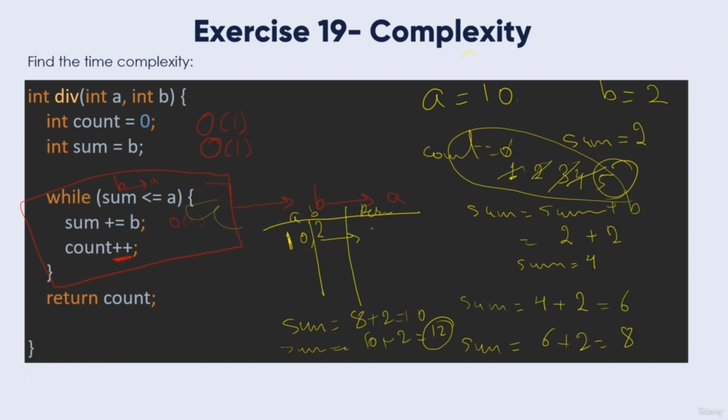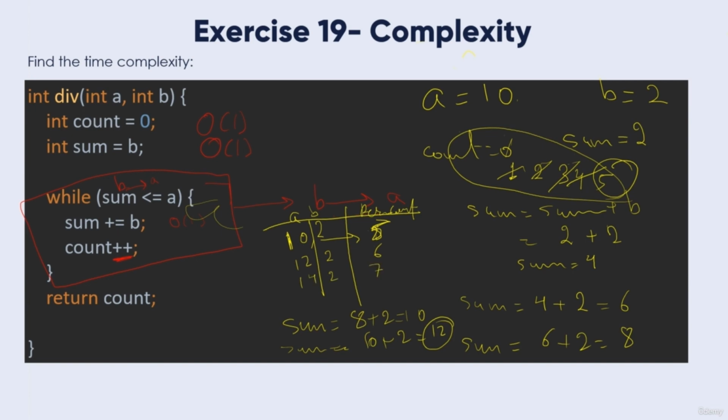How many counts? 5. When we have 12 and b equal to 2, it will result in 6 counts. 14 and 2, it will result in 7.